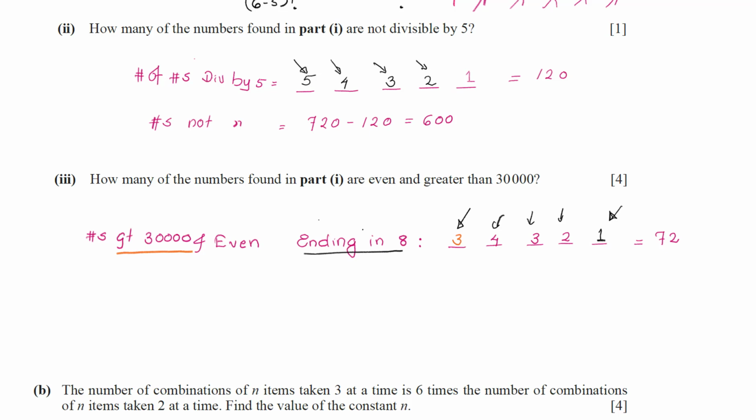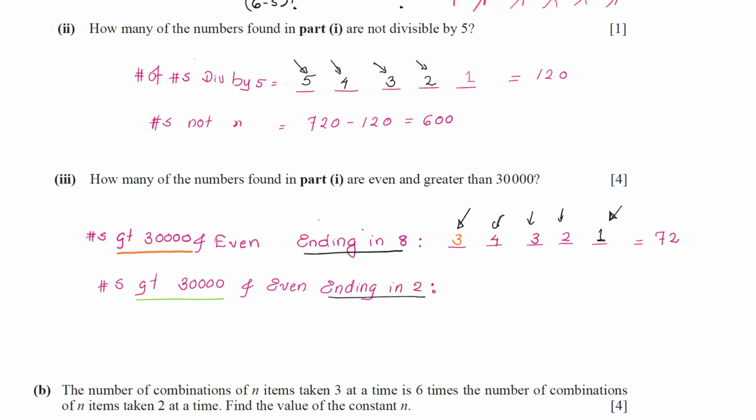The second situation that we need to consider is greater than 30,000 for sure, and it ends in 2 this time. So let's break it down and analyze it. This time it has to end in 2. As usual, we start with 5 slots and let's start filling the last position.